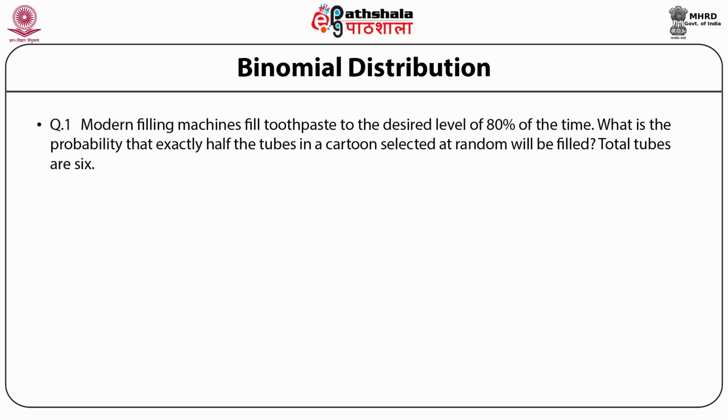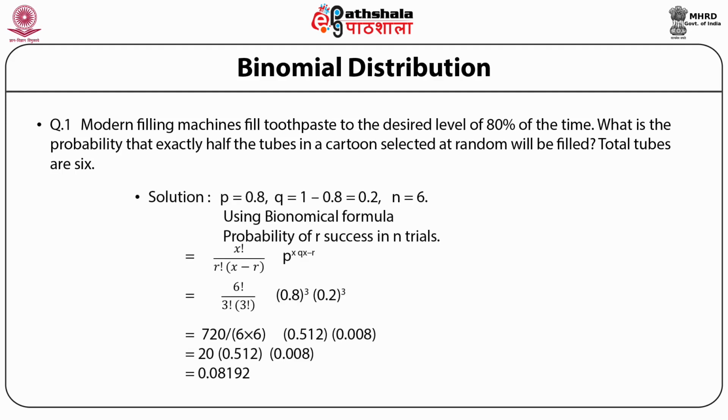Example: modern filling machines fill toothpaste to the desired level 80% of the time. What is the probability that exactly half the tubes in a carton selected at random will be filled? Total tubes are 6, so n is equal to 6.